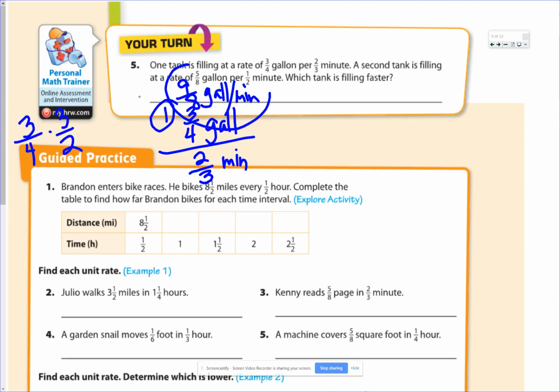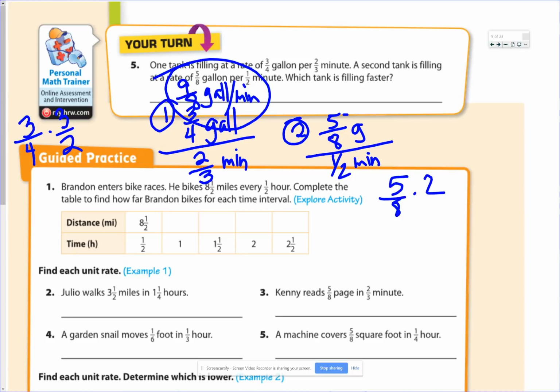Okay, second one. The second one is filling at 5/8 of a gallon in a half a minute. So let's look at the second tank. 5/8 gallon per 1/2 minute. Well, when I do that, and I'm doing this by hand, 5/8 divided by 1/2, that means 5/8 times 2.